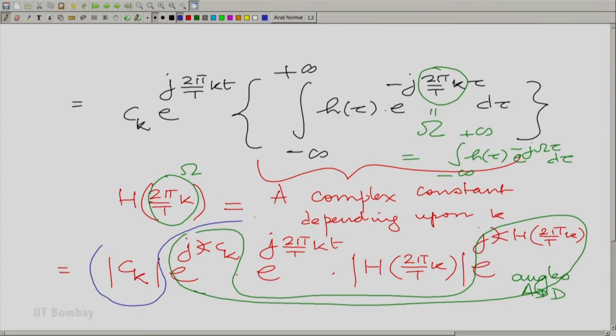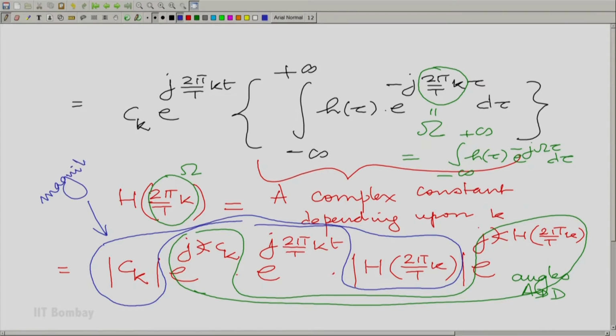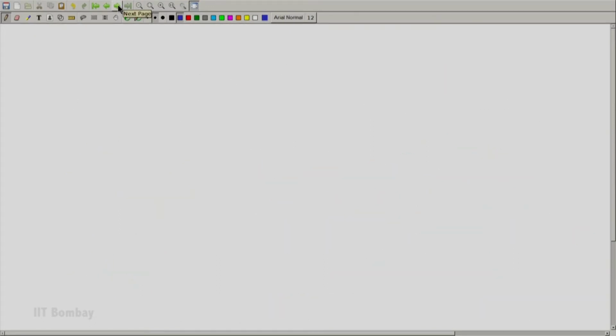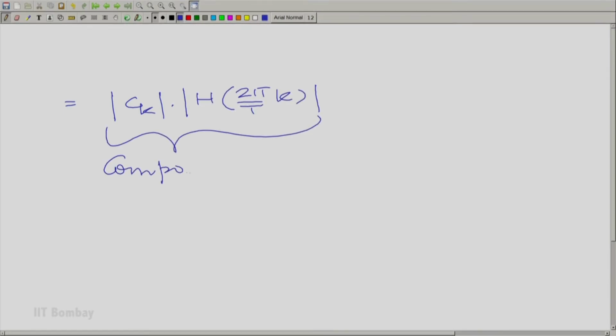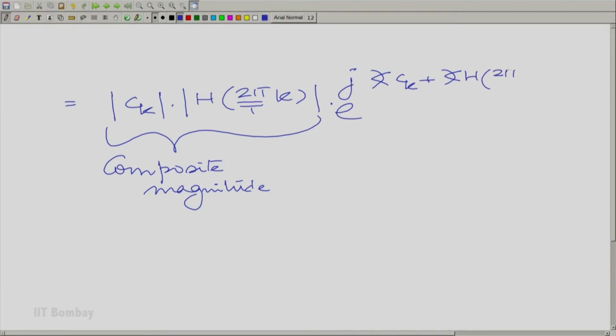There is a magnitude here and there is a magnitude here, magnitudes multiply. So, let us write that down all together. It is |c_k| times |H(2π/T · k)|, this is the composite magnitude, into e^(j(angle of c_k plus angle of H evaluated at 2π/T · k)).